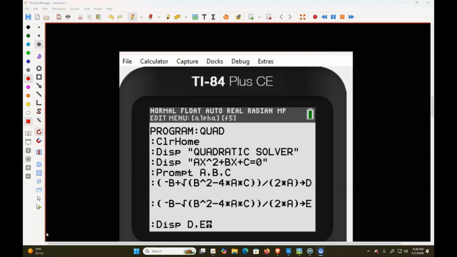Oftentimes, dealing with equilibriums, we need to do a quadratic equation. Here I'm showing you a simple program that I wrote on my TI-84 Plus, where I created a program called Quad, and then I chose these commands, as you can see here: clear home, display a title, display the equation, and then prompt you for 3 variables, A, B, and C. Then I'm calculating the plus and the minus versions, and I'm displaying them.